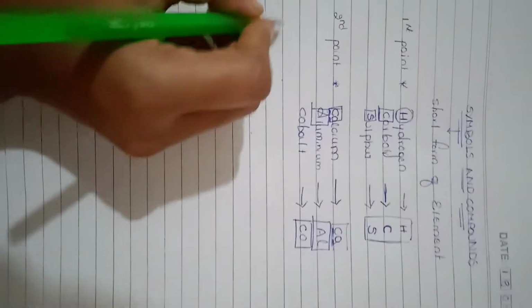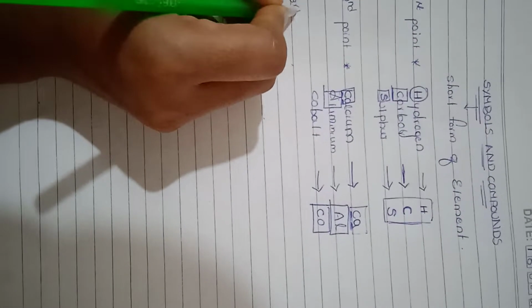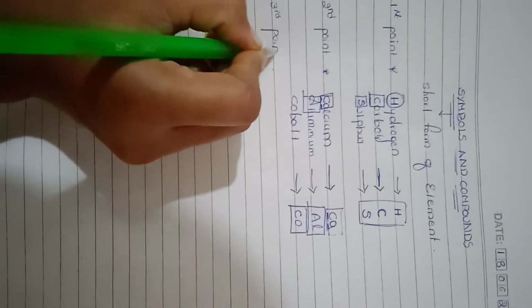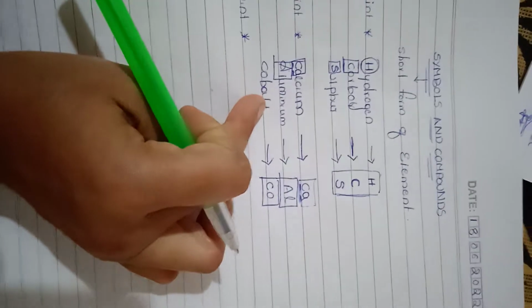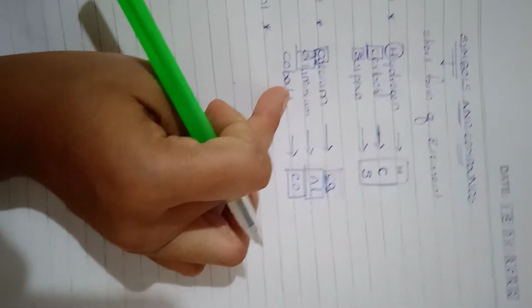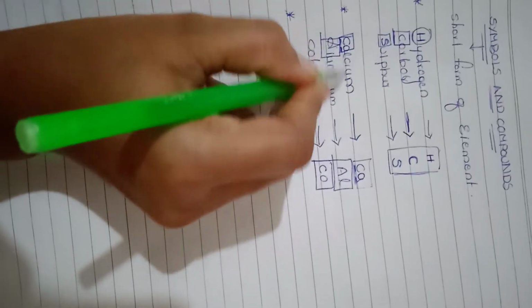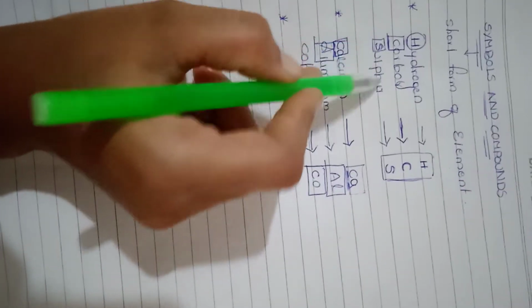Now let's discuss the third rule. In the first and second rules we gave symbols using the elements' own names.